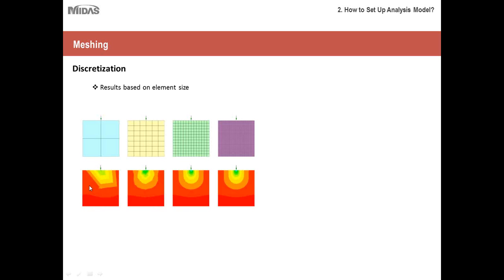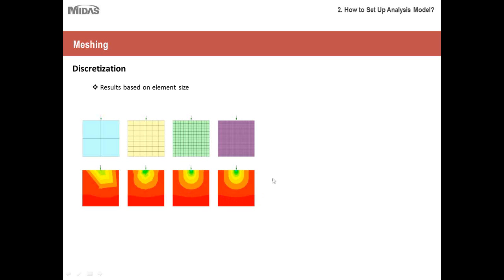And as you can see, from first to second, the stress contours have improved. From second to third, they have improved more. But if you see from third to fourth, the difference is not that significant, and it looks largely similar.